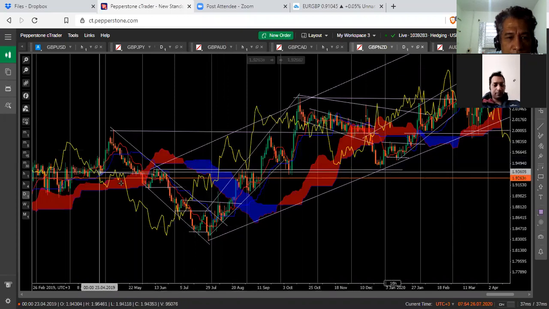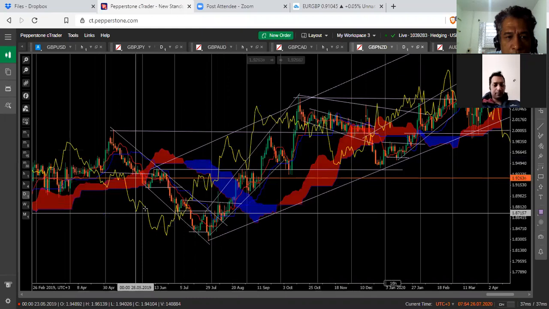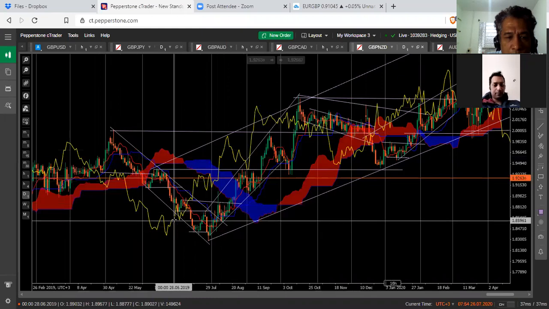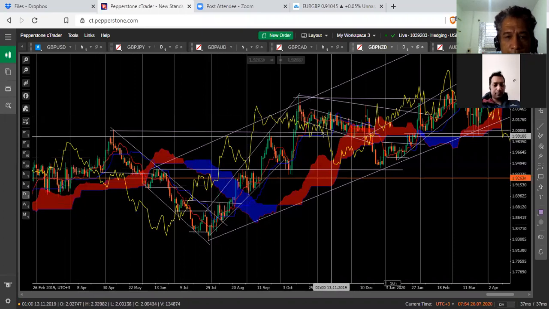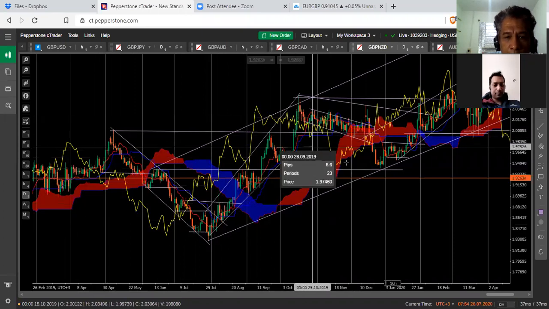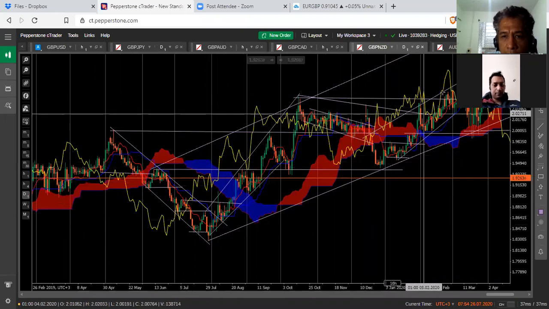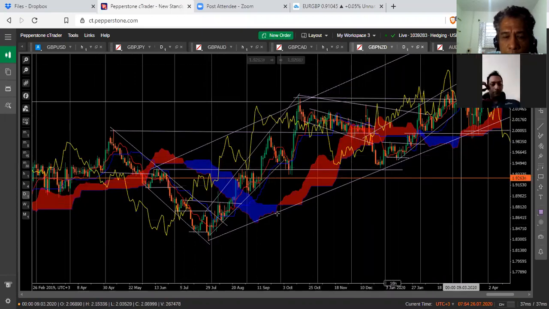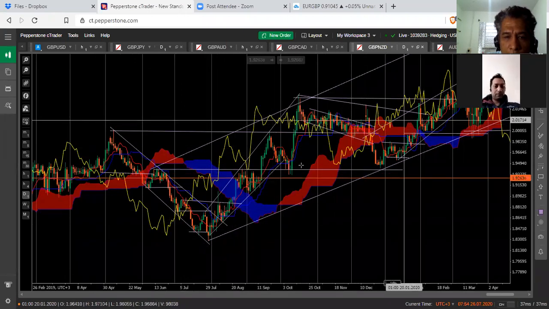When the Chikou is below the price, it's a bearish bias. When it's on top of the price, it's a bullish short-term bias. So it's very important to observe the Chikou, as well as the direction of the market, which is pointing up.